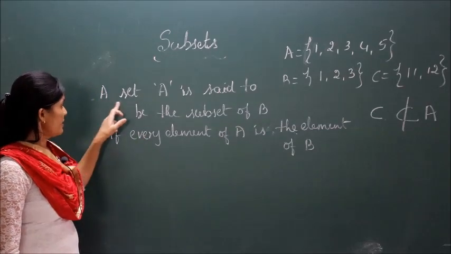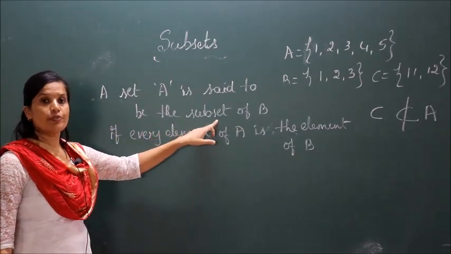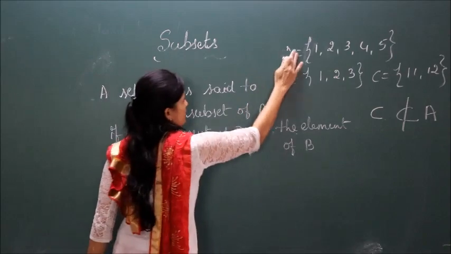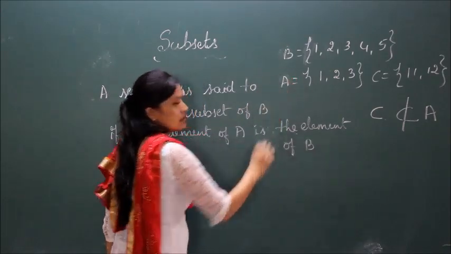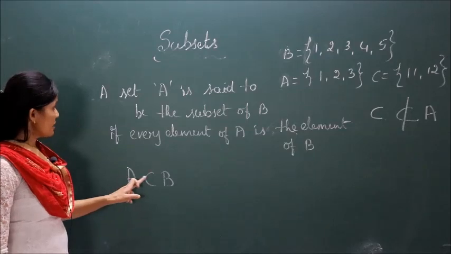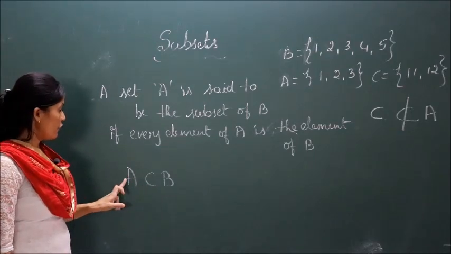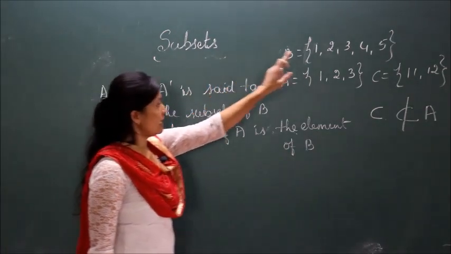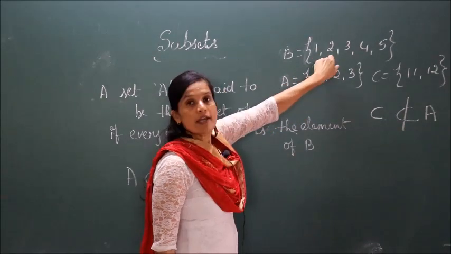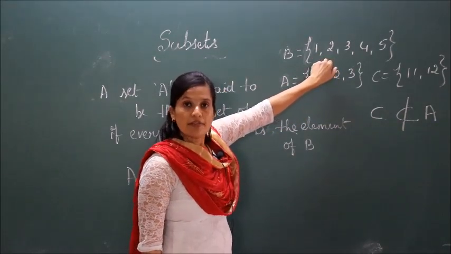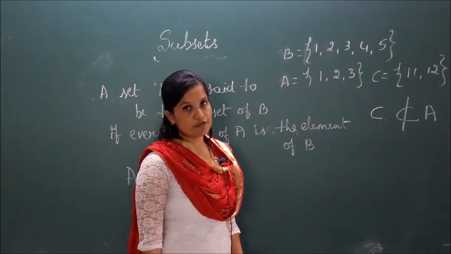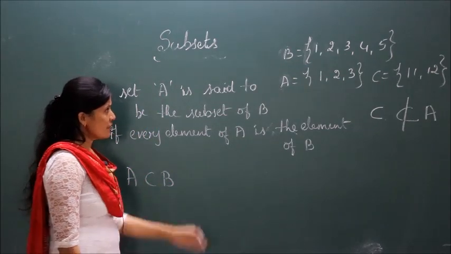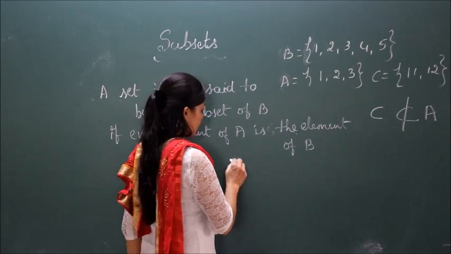Definition: a set A is said to be a subset of B if, generalizing it, every element of A is an element of B. Every element of A is also an element of B, then A is called a subset of B. See, for example, here you see A is the set {1, 2, 3}.